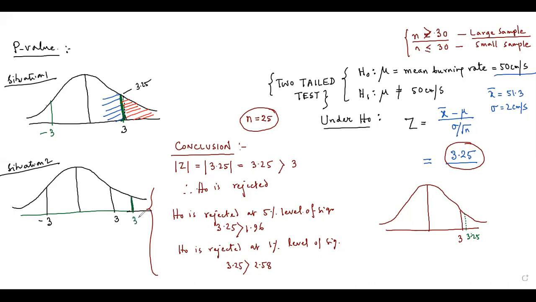Suppose this is 3.92. Now this value is also falling in the rejection region. But if you carefully compare the two, you will see that in this case, the value 3.92 is very far from the critical value and deeper inside the critical region. But the earlier one is not that deep into the critical region. It is falling on the boundary.